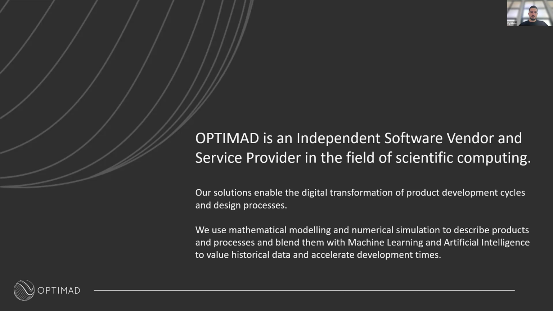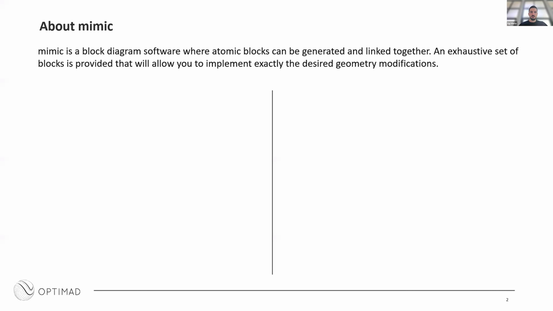One of these software products that we're going to talk about now is Mimic. Mimic is an advanced geometry parameterization and mesh morphing tool for complex design projects. Mimic is block diagram software, and it works in a node editor area in which you build multiple blocks together, where each block has one scope.